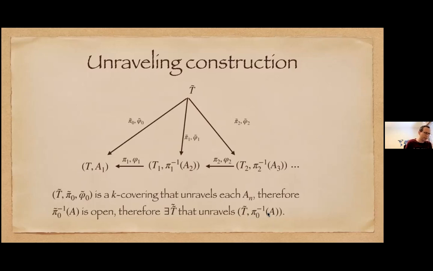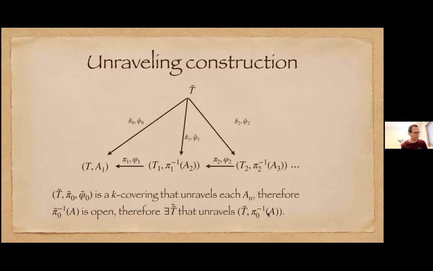I consider this game, and by the inductive hypothesis, I have a covering with the tree T1 that unravels A1. Okay? So the mapping pi1, phi1 unravels A1.